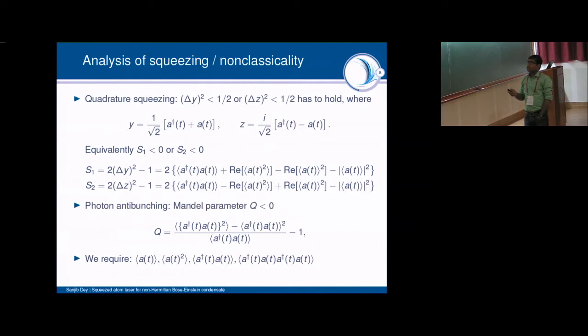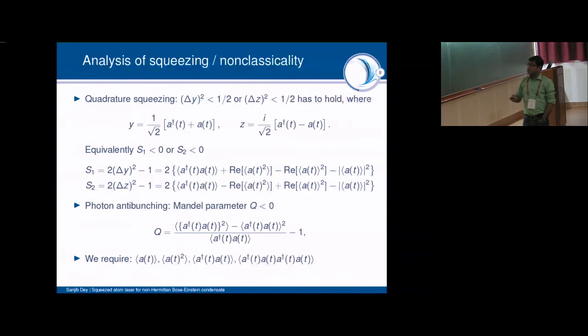Delta y and delta z, of course, y and z are the quadrature operators that have been defined in terms of the A and A daggers. So these two conditions are basically equivalent to these two conditions. If we construct S1 and S2, and we see that S1 is less than 0 or S2 is less than 0, that means the squeezing exists.